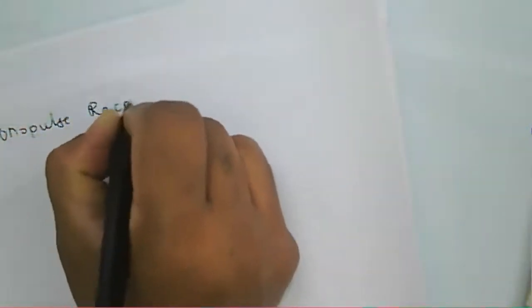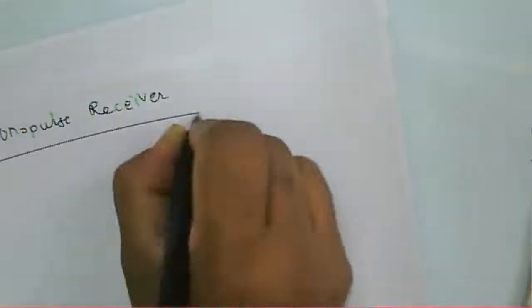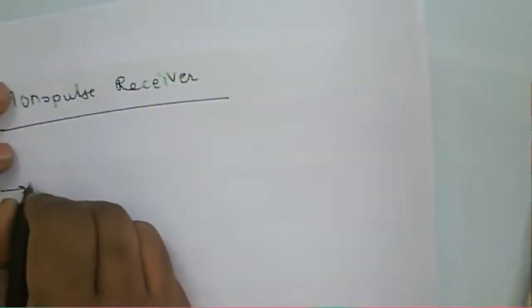So what will be the monopulse receiver? In the case of a monopulse receiver, if you see that, we have the sum of the input.